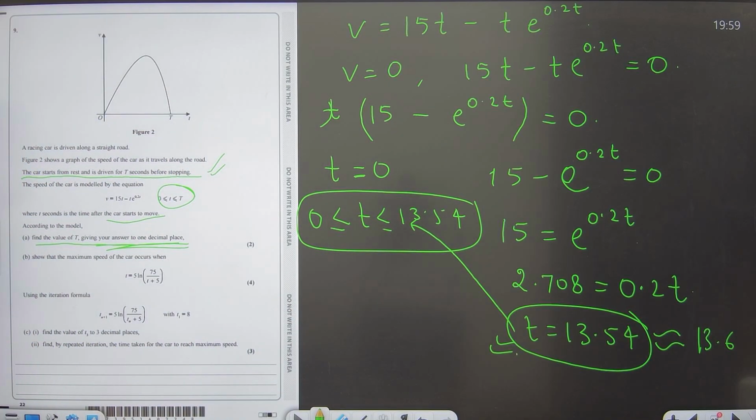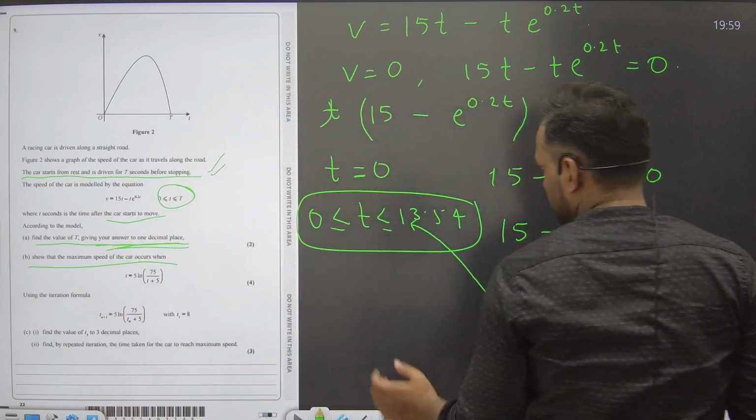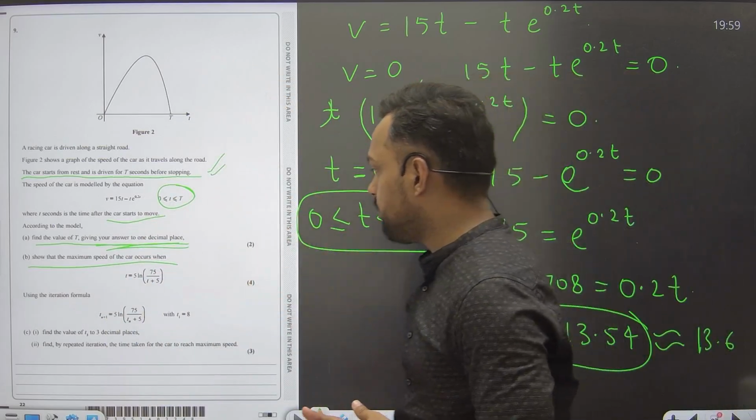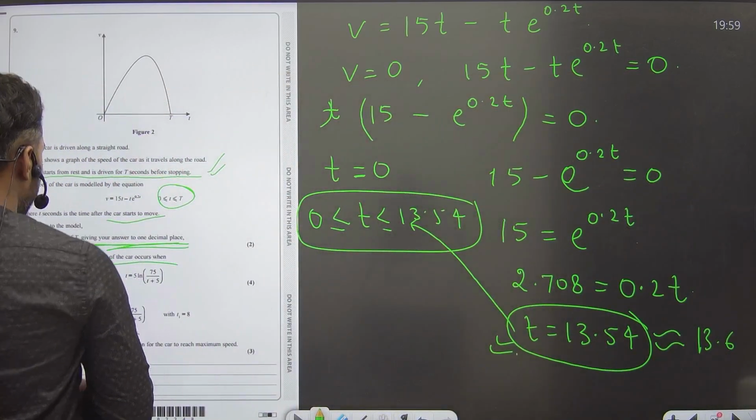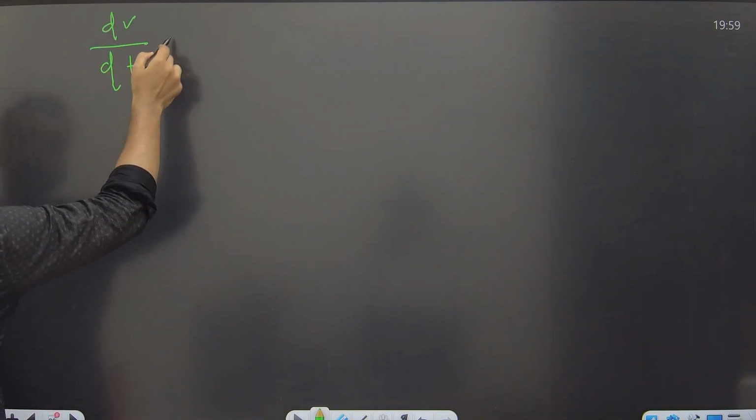Now show that the maximum speed of the car, okay, so we know that for maximum speed of the car, dv by dt equals 0.